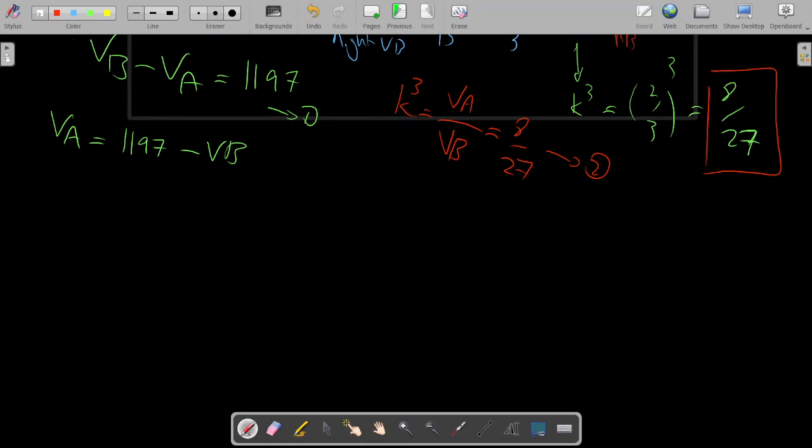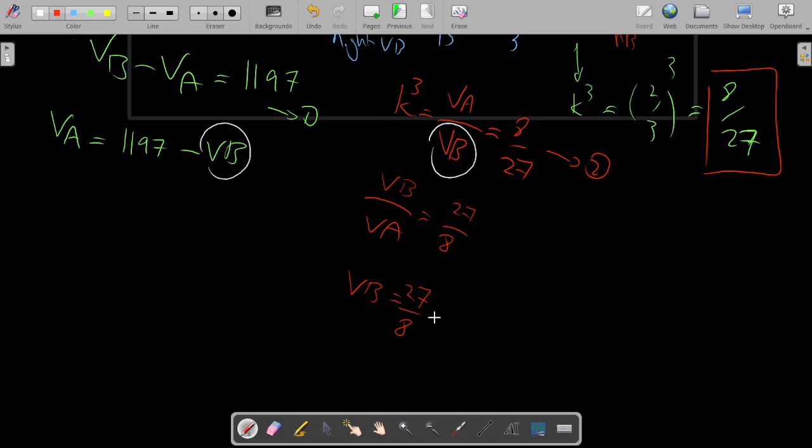Now I need to build a relation between these two equations, and this equation is going to be converted so that I have VB as the subject. So VB over VA, I can flip them, it's going to be equal to 27 over 8. It means that VB is going to be equal to 8 over 27 multiplied by VA.